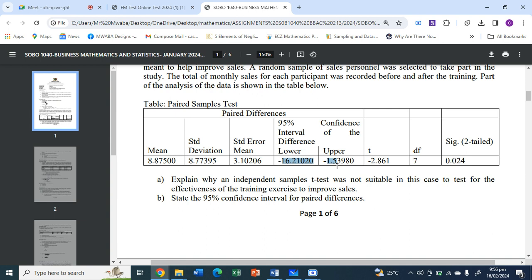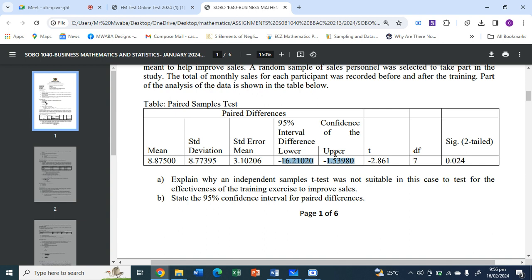And the confidence interval can also be used to tell if there is a significant difference in the means. So for part B, the confidence interval is negative 16.21022, negative 1.5398.